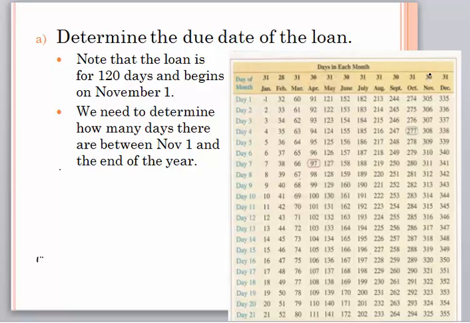So going to the month of November, and the first day, we see intersecting that row and that column that November 1st is the 305th day of the year. And we know that a year has 365 days.